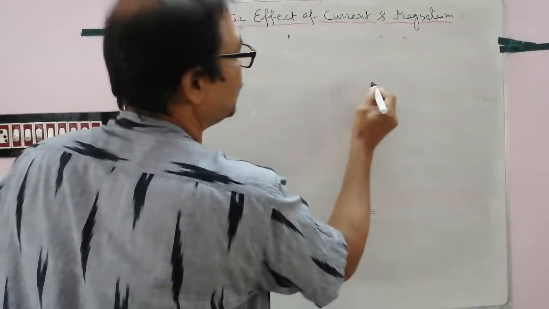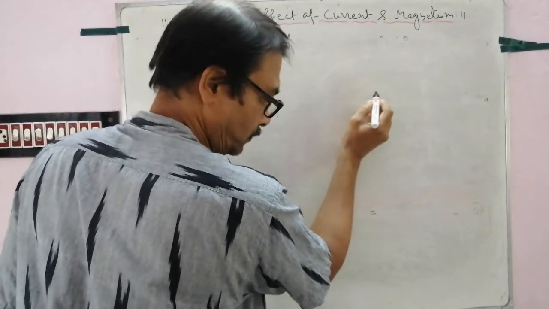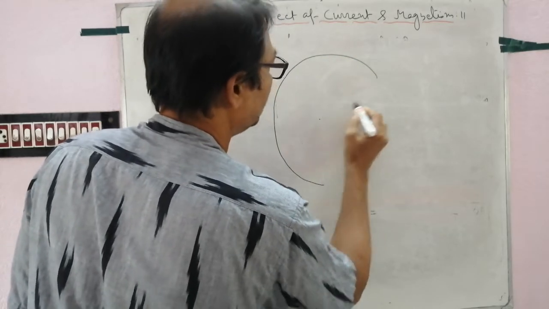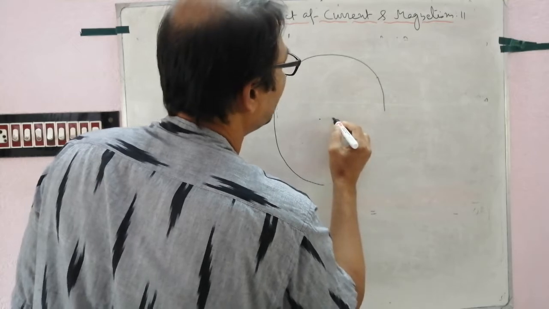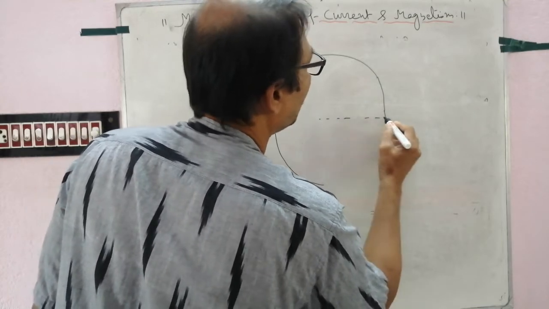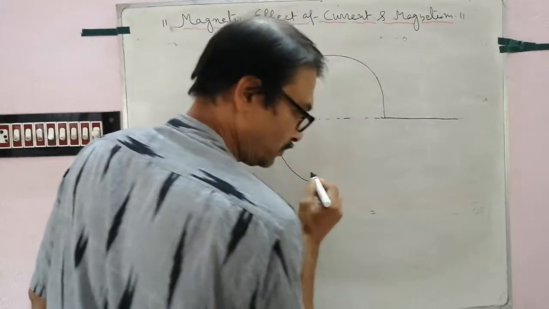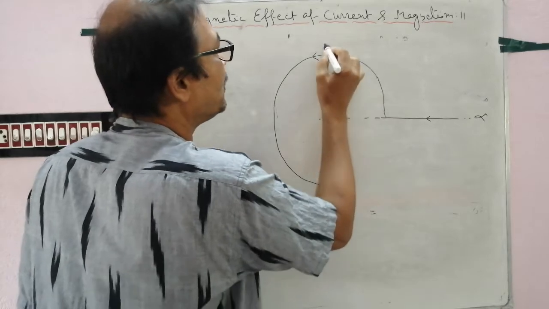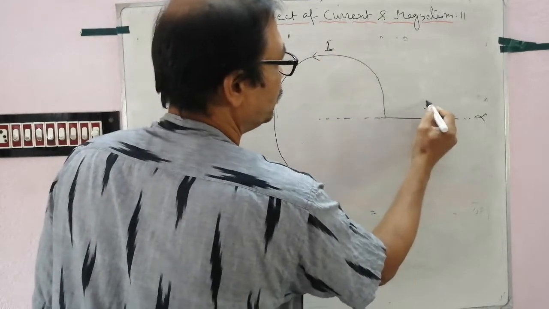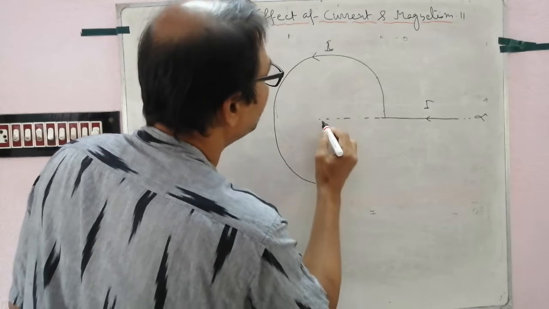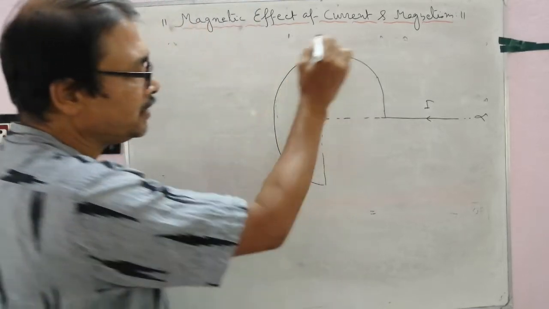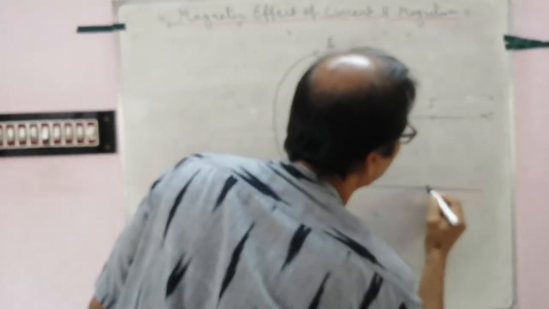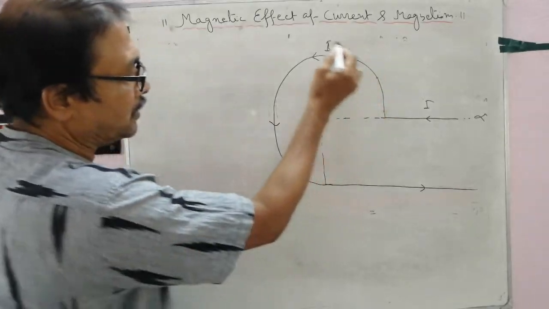Follow another application. This is a coil with current I. This is a circular loop.